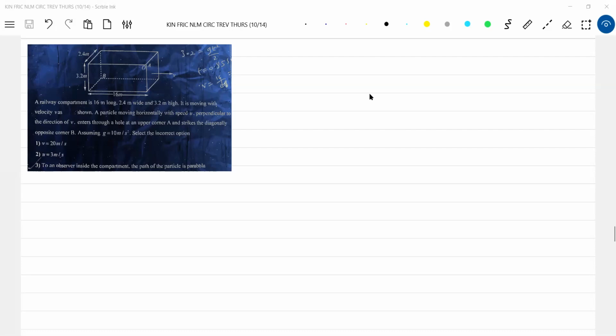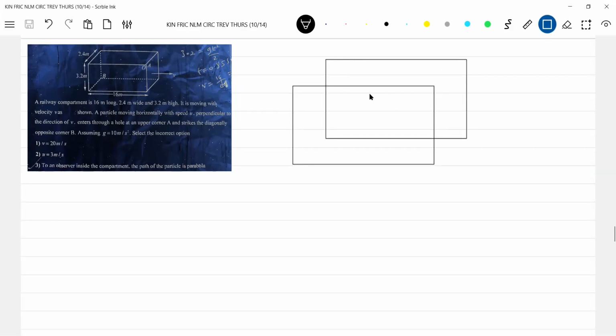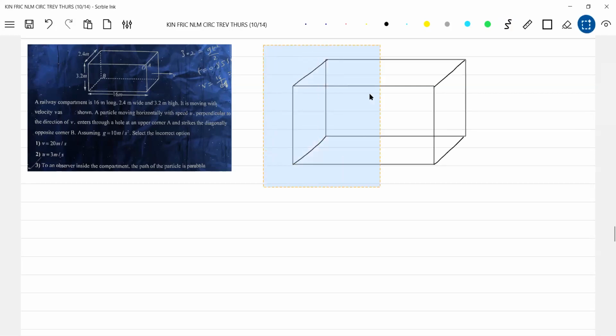Okay, there's a very simple question. I don't want to write any equation. Okay, let me draw that box. It's not a big thing. Think smart, and you'll easily finish this question.